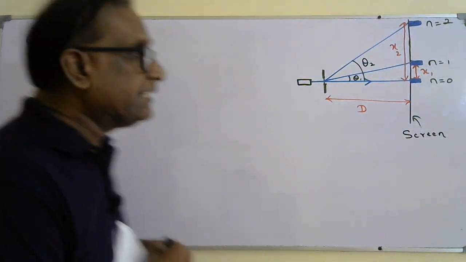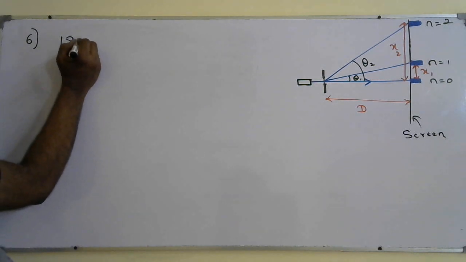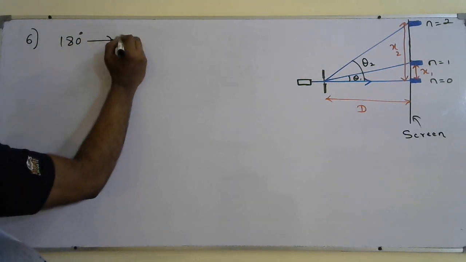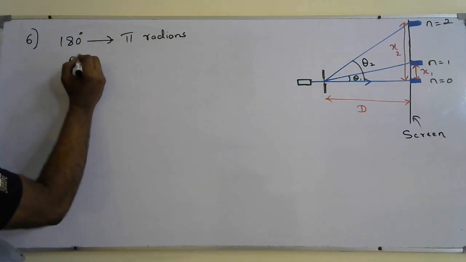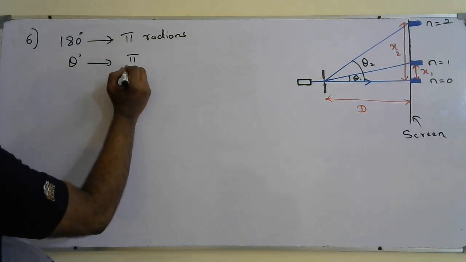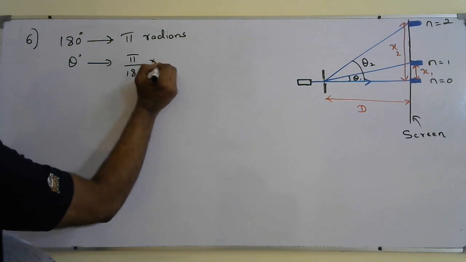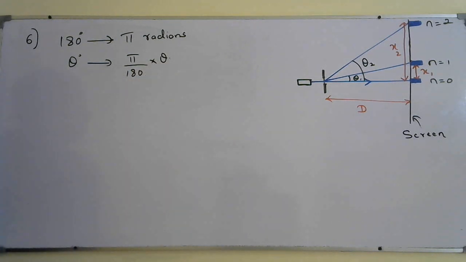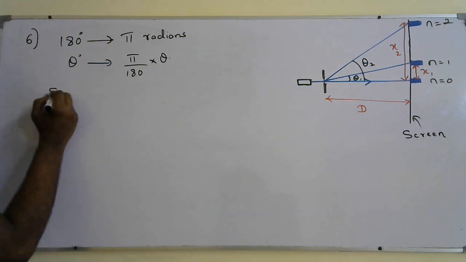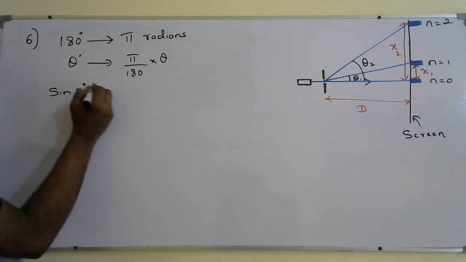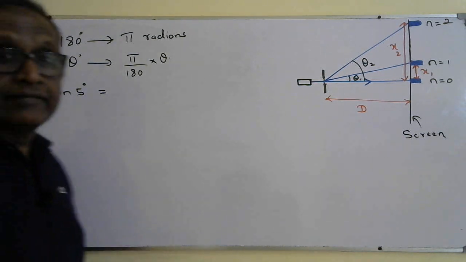You know how to convert degrees into radians. You know that 180 degrees is equal to pi radians. So theta degrees is how many radians? Pi divided by 180 times theta. For example, when we consider sin 5 degrees, how much? Check it on the calculator in degree mode.